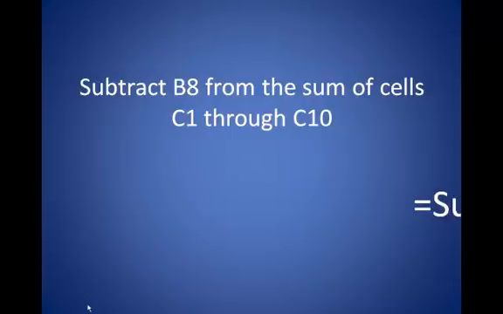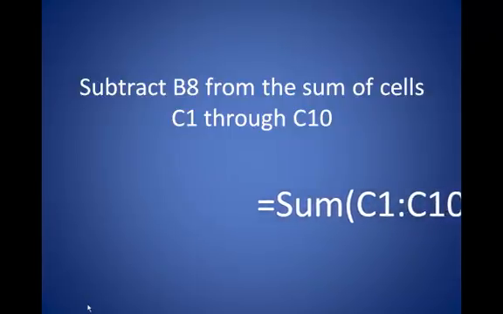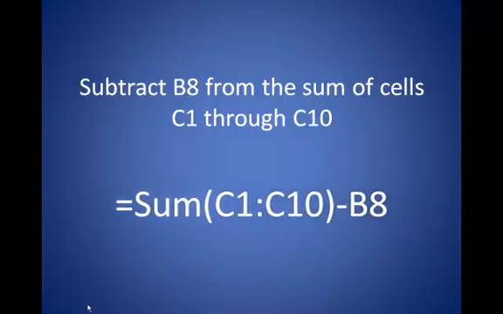So we have equal sum. Now we have our parenthesis because we've got our range C1 through C10. So equal sum C1 through C10, and then we're going to subtract B8 from the sum of that range. Good.